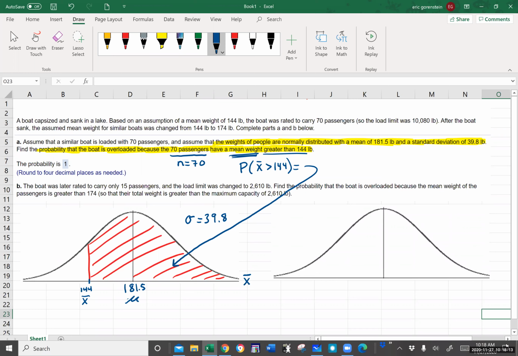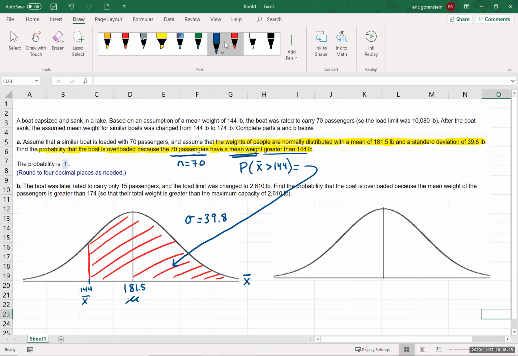So we have to take that graph and convert it to a z-score graph. I mean, it's going to look the same. You're still looking for this area.